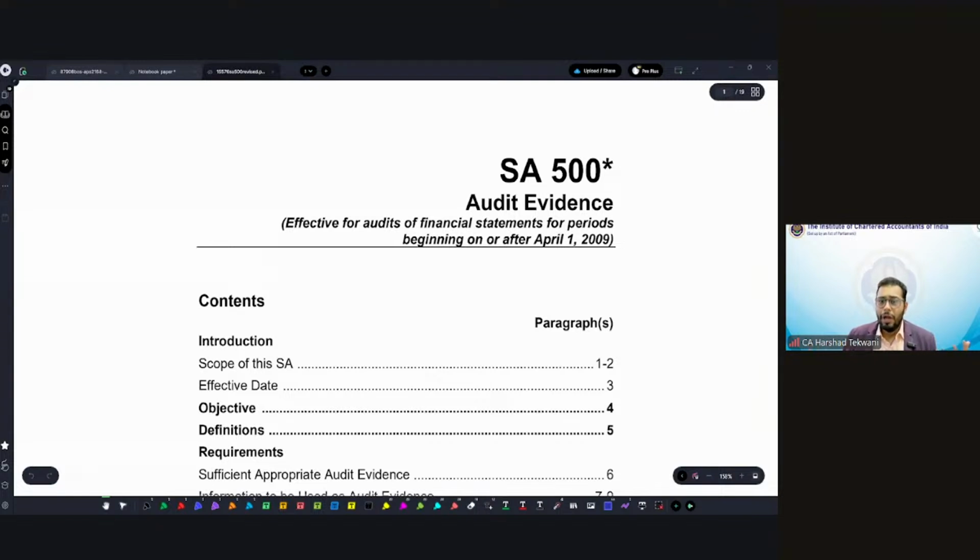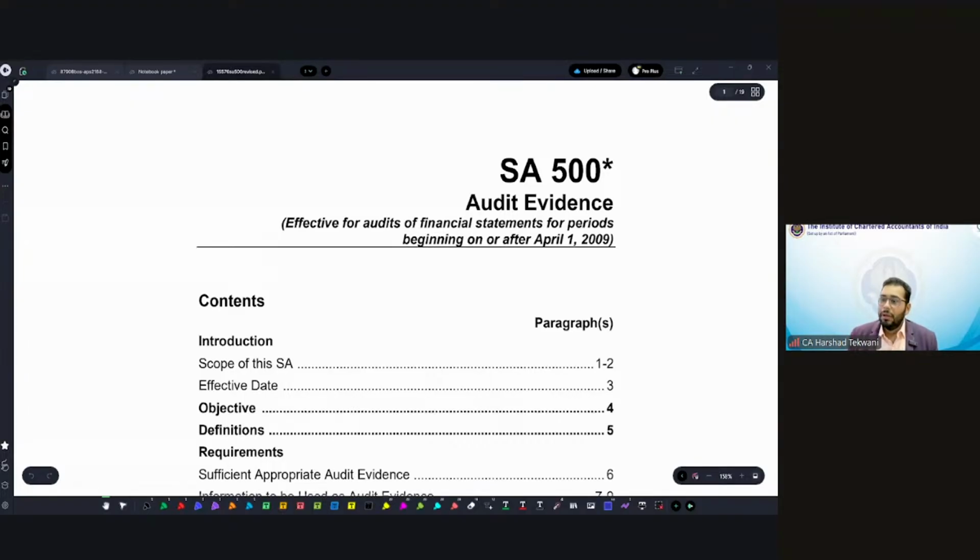When I talk about appropriateness of the audit evidence, it talks about quality. For example, is the audit evidence relevant for your case? Can you rely upon that audit evidence? It is more about relevance and reliability.